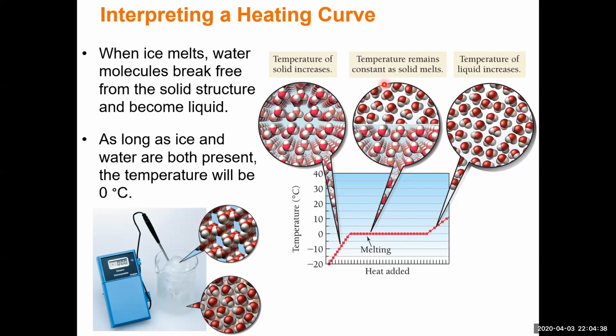But during this entire process, we have both solid and liquid still in our beaker, which is shown here. As long as ice and water are both present, the temperature will still be 0 degrees. Once all of that solid has converted into liquid, then as we're adding more and more heat to only our liquid phase, our temperature will start increasing again.